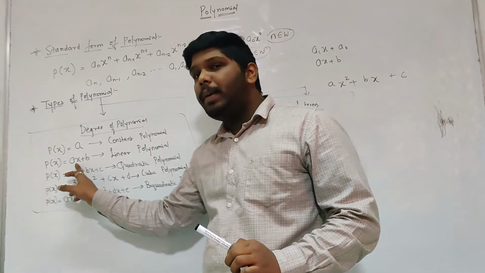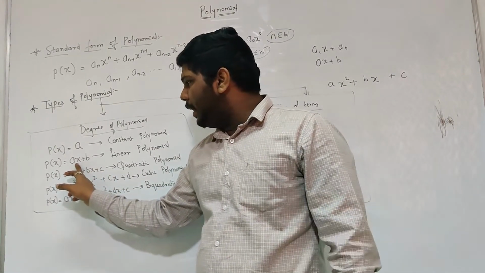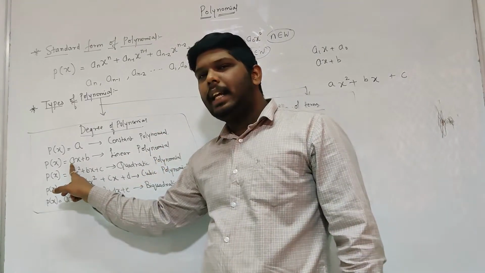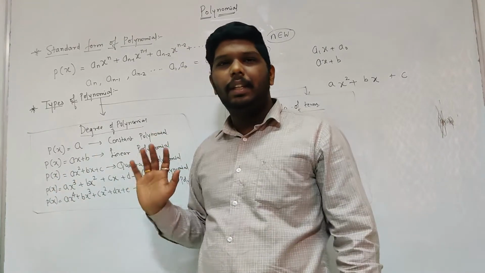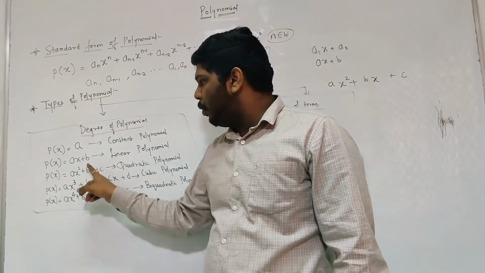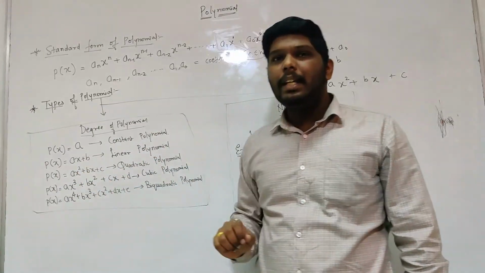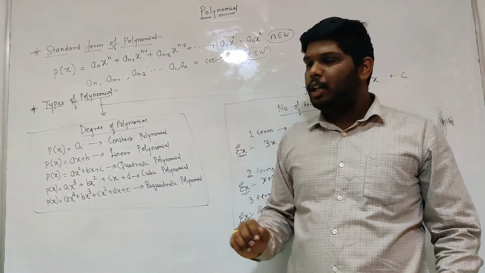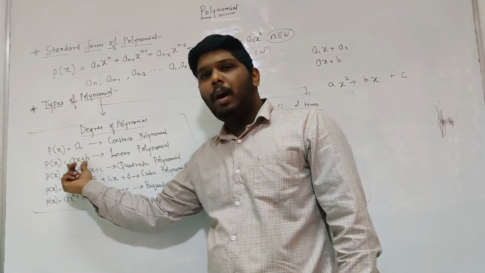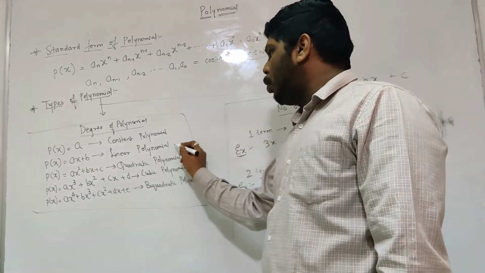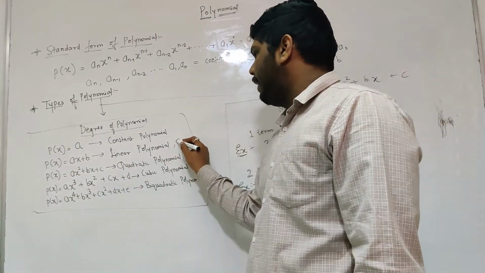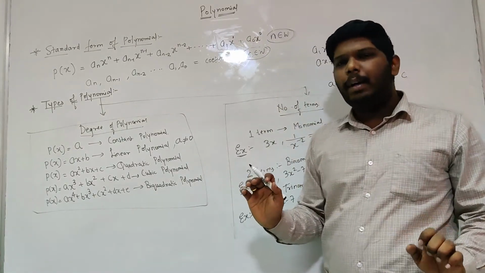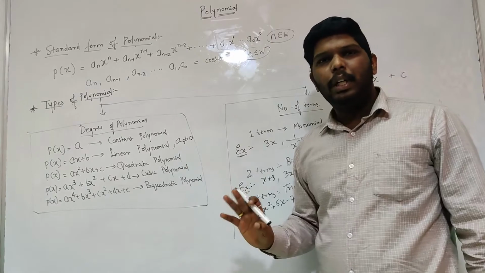To keep this x alive, the coefficient of x cannot be 0, because once I make a as 0, this entire term vanishes and only b is remaining. Then it is a constant polynomial, as x is absent. So whenever we write a linear polynomial, the coefficient of x, that is a, cannot be 0. It can be any other number, but not 0.